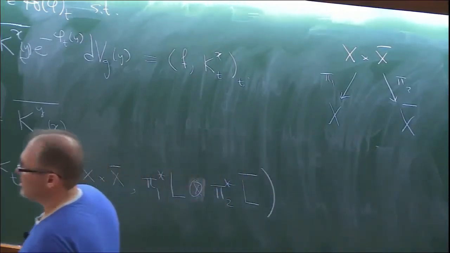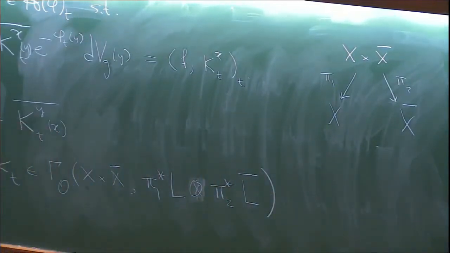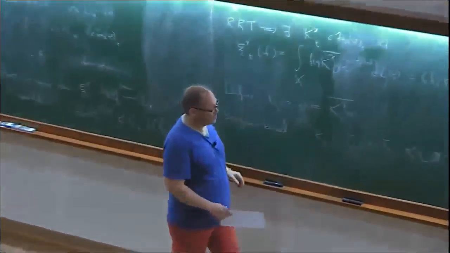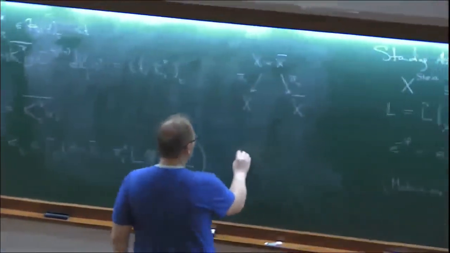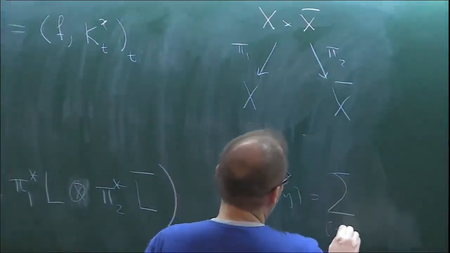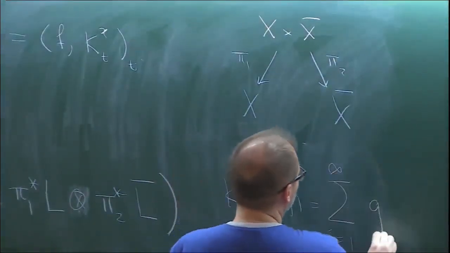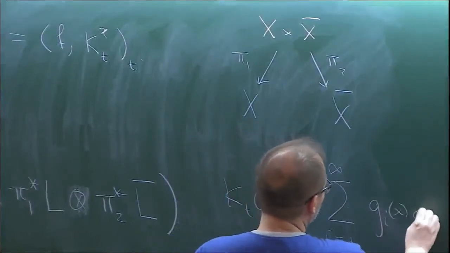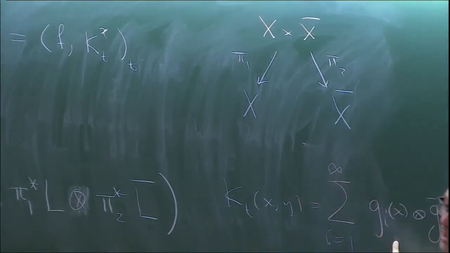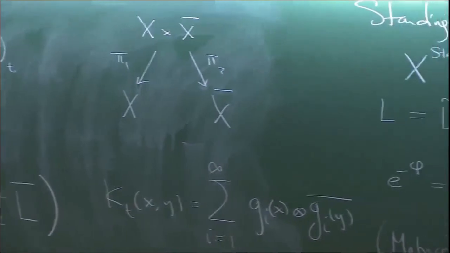And in fact, what you can prove, and I'll state this as an exercise later, is that for this thing, the way it's defined, K_t(x,y) will be a sum, i going from 1 to infinity, of g_i(x) tensor g_i(y) bar, where this g_i is an orthonormal basis for H_{phi_t}.